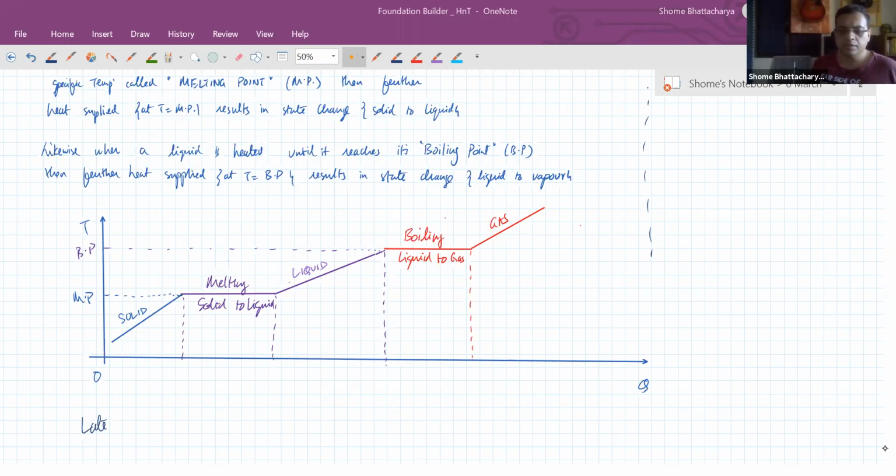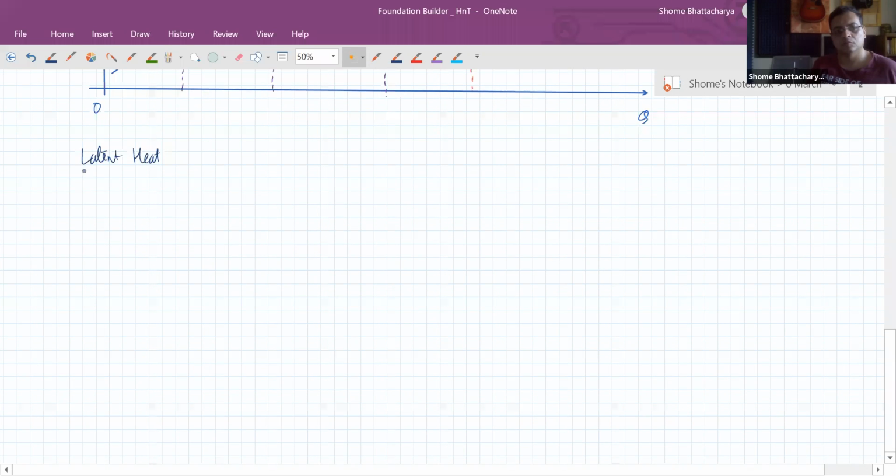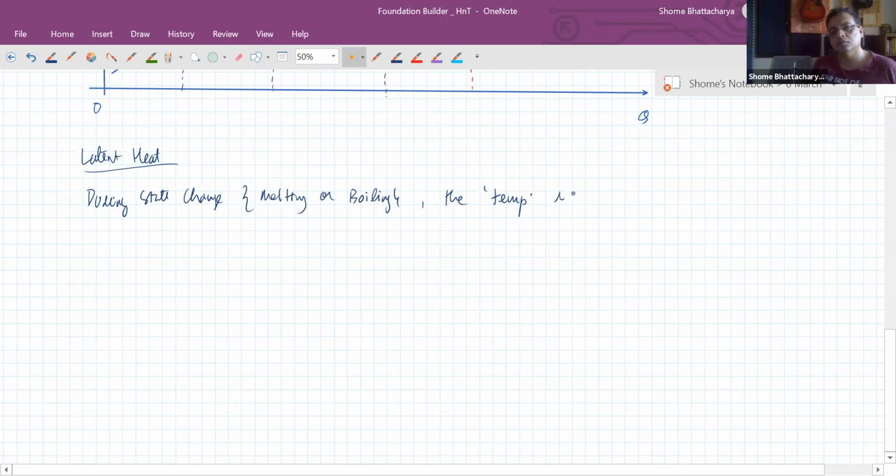Okay, so next we'll see the definition of latent heat. Okay, so during state change, whether we are talking about melting or boiling, whichever of the two, okay, the temperature remains constant.